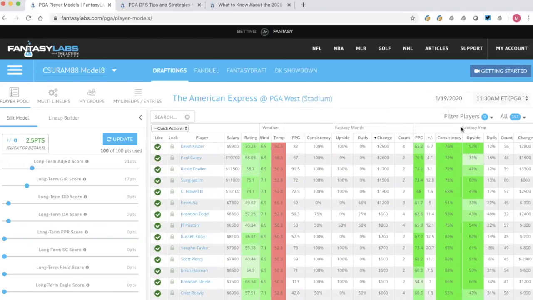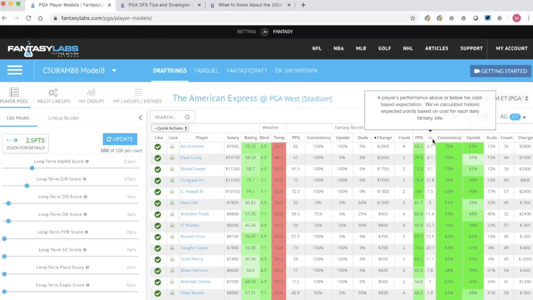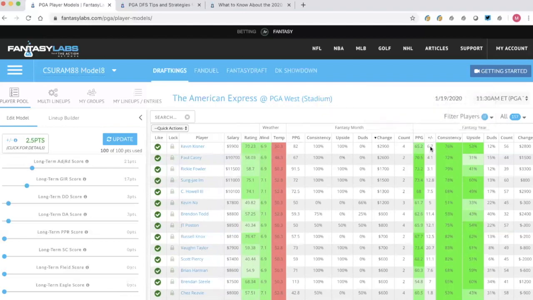And then again, we're going to have all those same stats that I just mentioned for the fantasy year as well. Points per game, average plus minus, which is simply actual fantasy scoring minus expected fantasy scoring. So a bigger number here is better. Consistency rating, upside, duds, count, and the salary change.